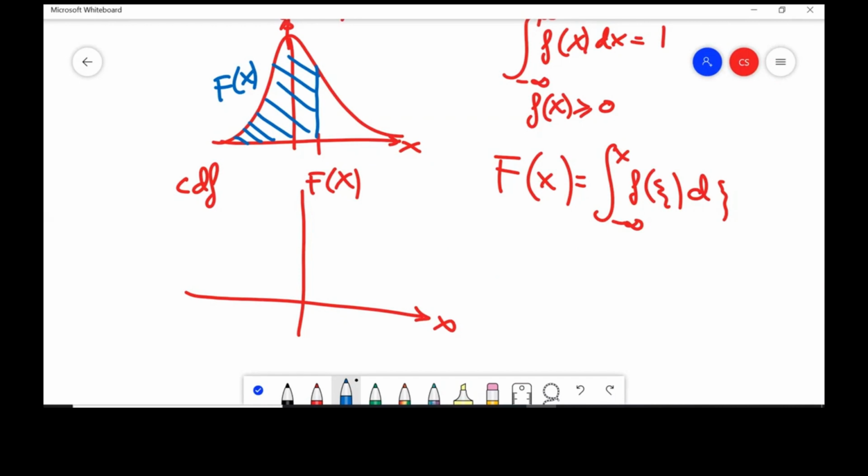For instance, at minus infinity it has to be 0. It starts at minus infinity at 0. At plus infinity, it is 1. So it has to go from 0 to 1. So this is 1.